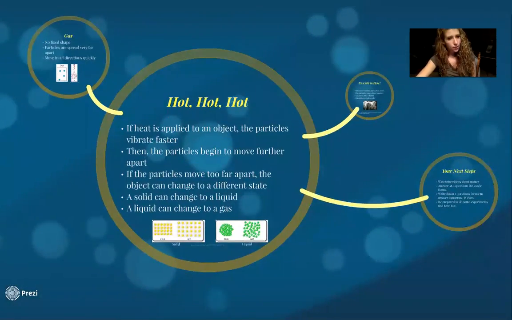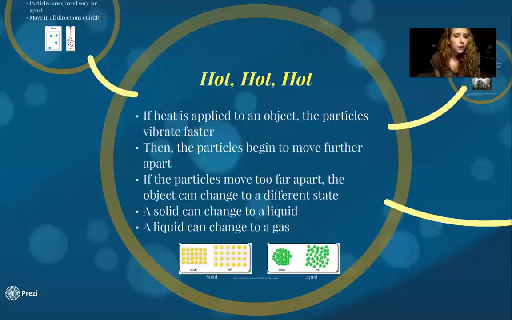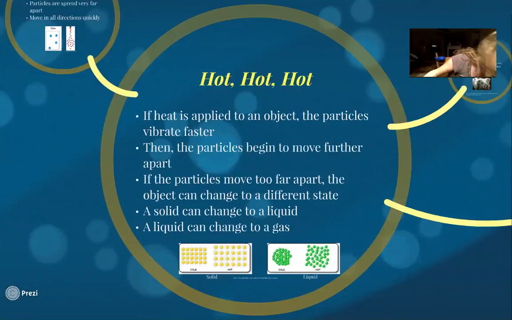So now, whenever an object is heated up, the particles start vibrating faster. They're moving a lot more, and they're spreading further apart because they're hot and they just want to get away from all the other particles. They want to be left alone.